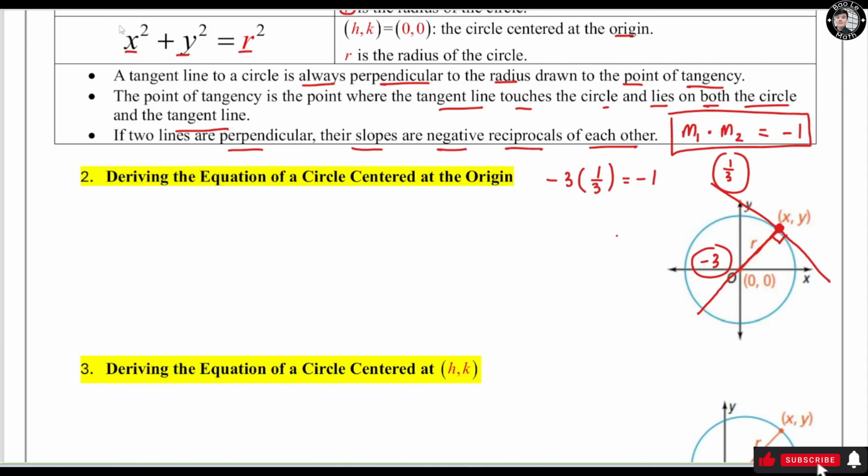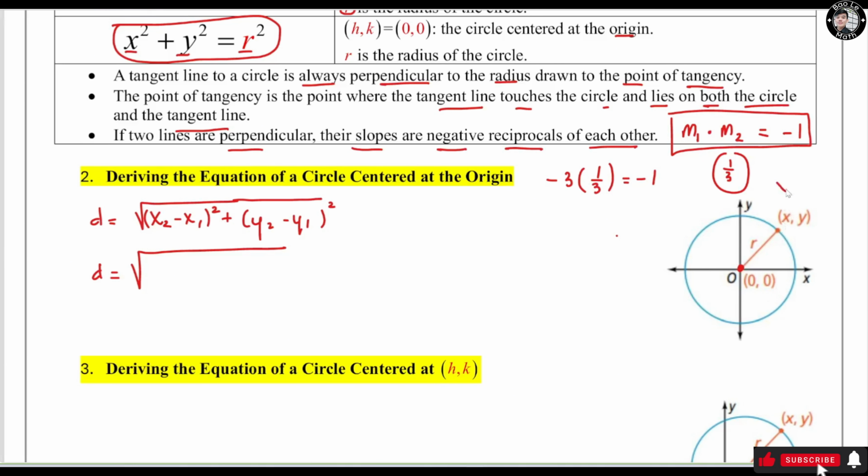Now we're going to learn how to prove this formula. So we're going to use the distance formula. This point right here is x2, y2, and this is x1, y1. So x2, which is x, minus x1, which is 0, altogether squared, plus y minus 0 altogether squared. Now we're going to simplify this one.